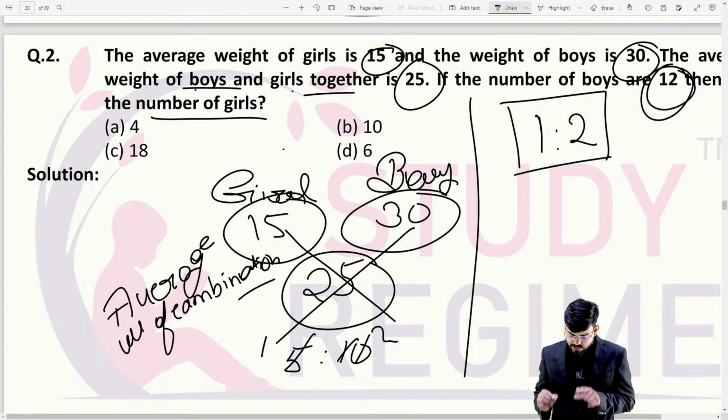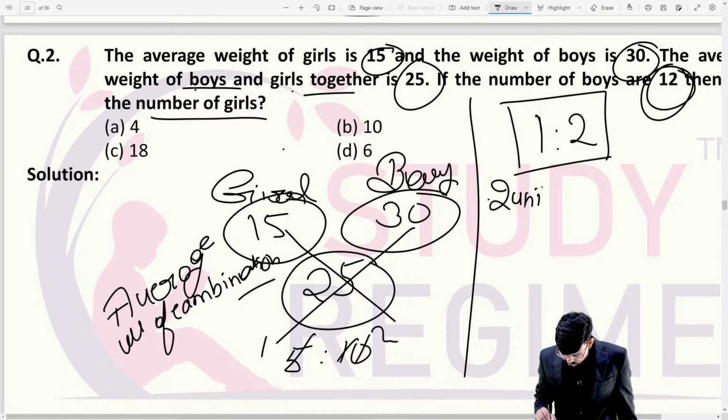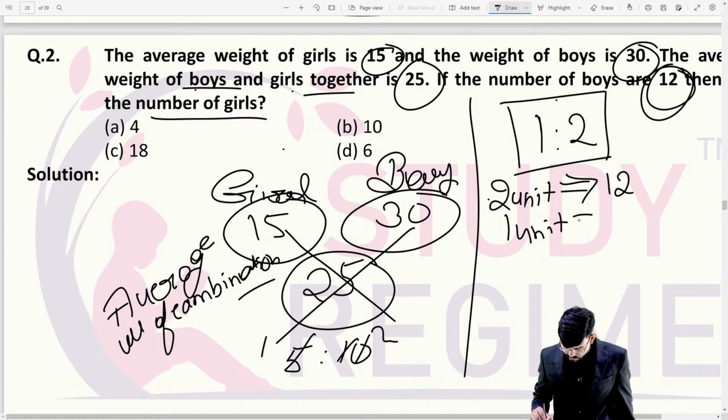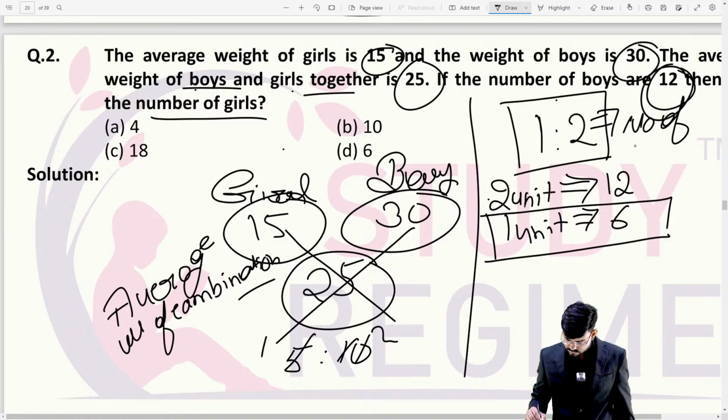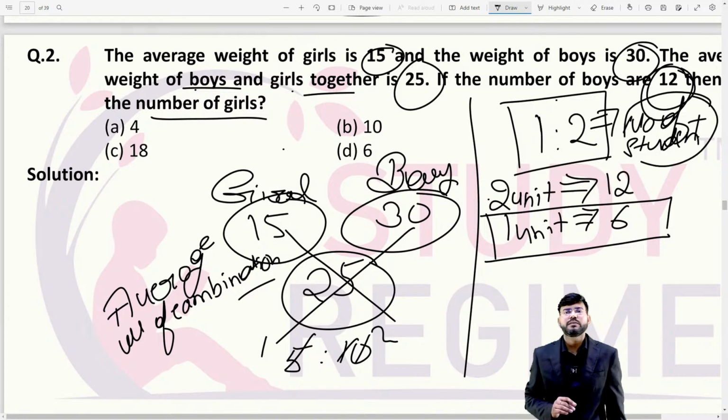But here in the question, it is given that 2 units from the boy side is compared with what? 12. So 1 unit will represent how much? 6 quantity. Earlier we have discussed that the ratio which is coming off is the number of students.